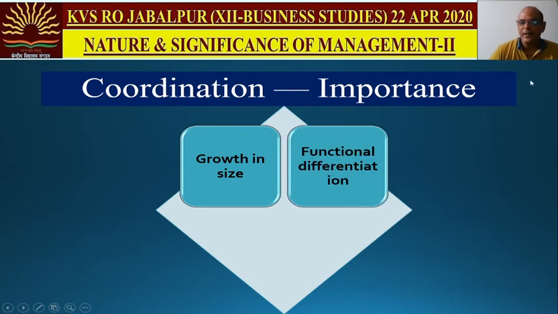Second is functional differentiation. See students, it is the era of specialization. Now all the functions are not performed by a single person. In sole trade and in small organizations it is possible that a variety of functions can be performed by a single person. But nowadays the size of organization is so big and wide that we need functional differentiation.